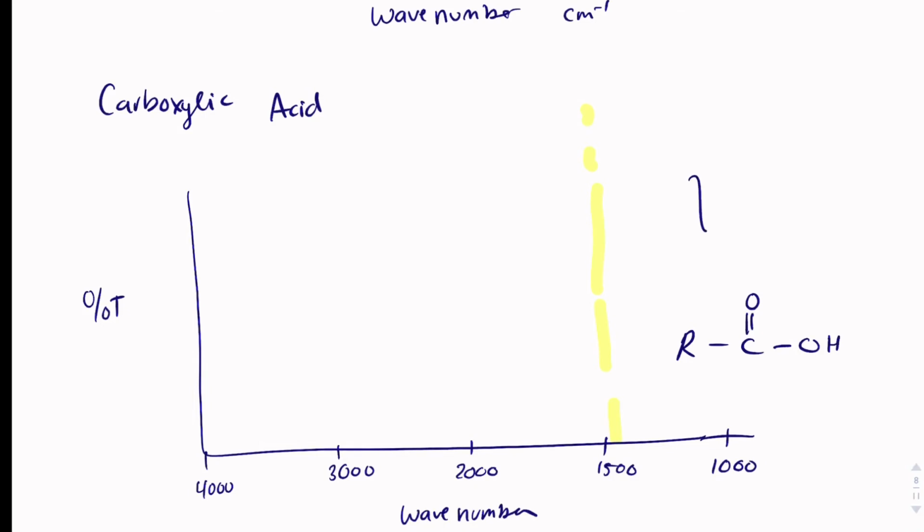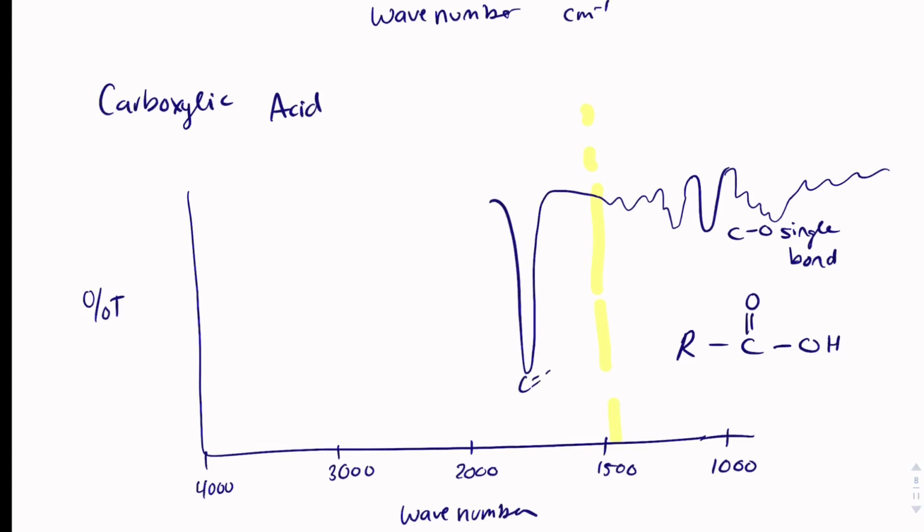We might get at 1200 a CO single bond. Now, I've said it multiple times in this video, but it's going to be hard to actually find that because it's in the fingerprint region, which typically has a lot of noise. Now we have a CO double bond. So that happens at around 1700. We are going to have alkane stuff right below 3000. Skip over the triple bond region.